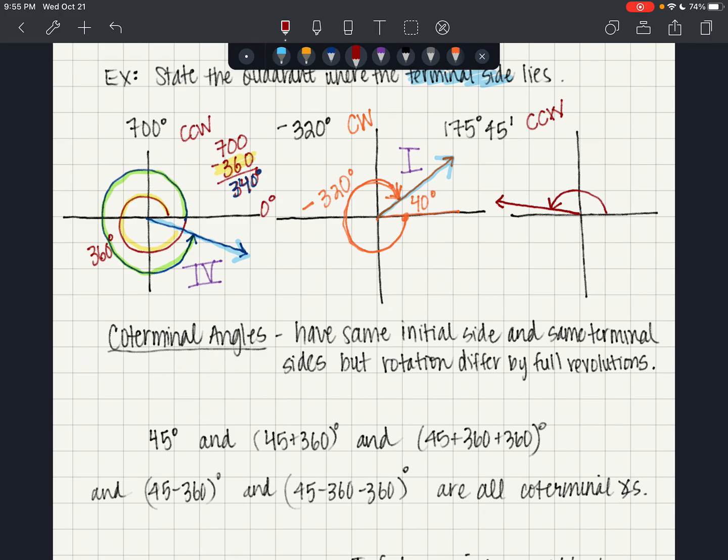We always start on the positive x-axis, and then we're going to turn the amount of rotation going to our terminal side, and that tells us that our terminal side is in quadrant 2. Quadrant 2. And this turn, this arc, represents 175 degrees, 45 minutes.